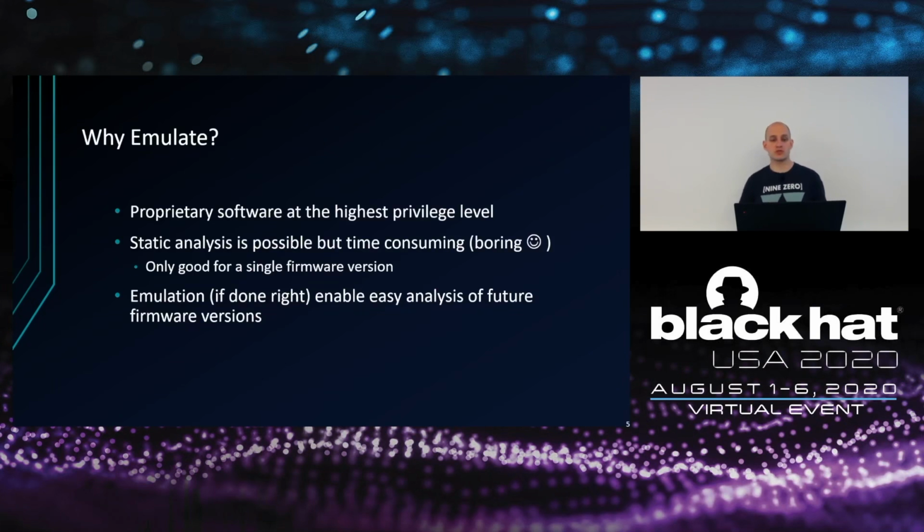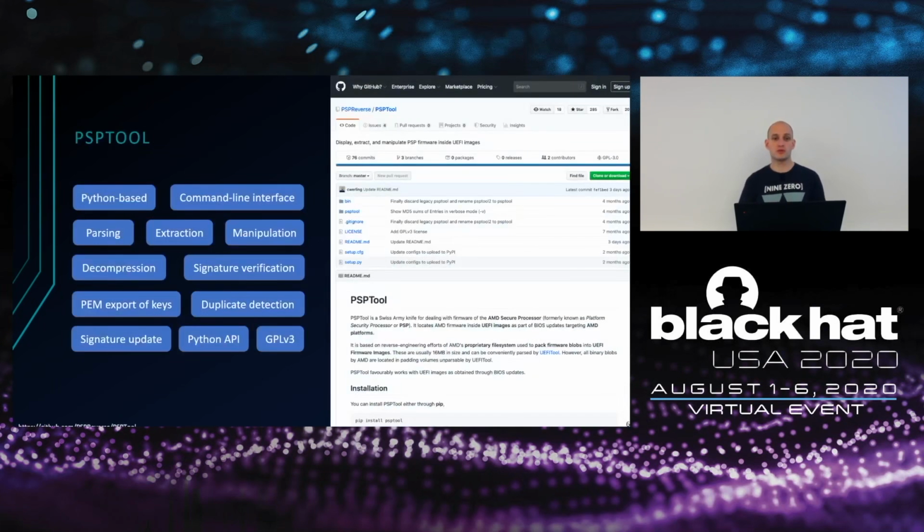Now, before we start writing the emulator, we need to have the firmware. And the AMD PSP firmware can be found within the padding of UEFI images. So if you download a UEFI image update for a motherboard, you will find a padding section, and within that padding section, you will find the PSP firmware code.